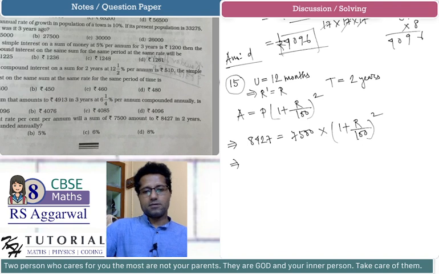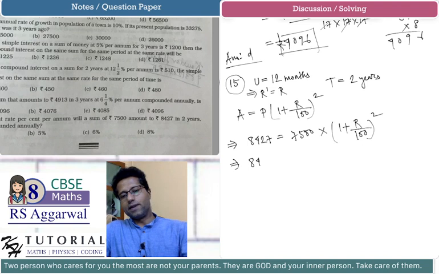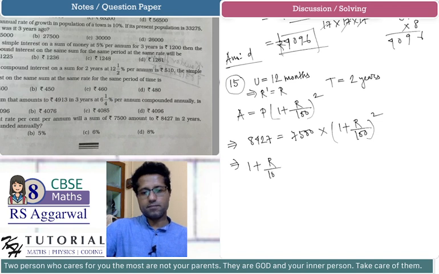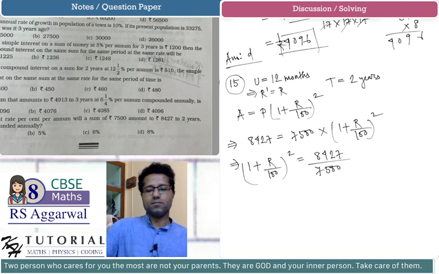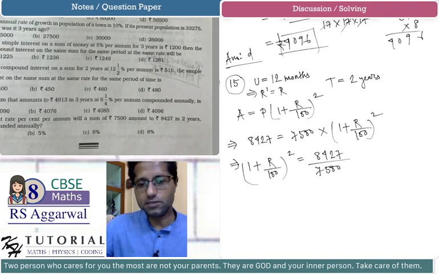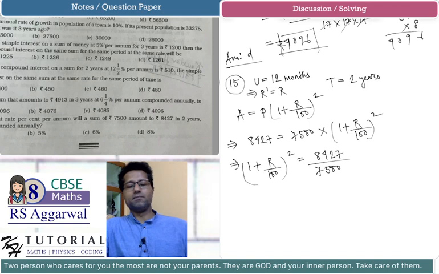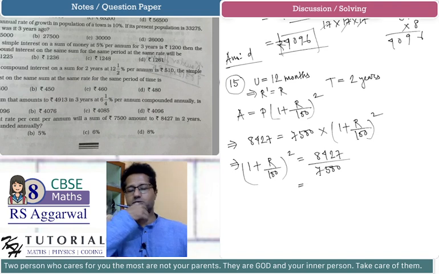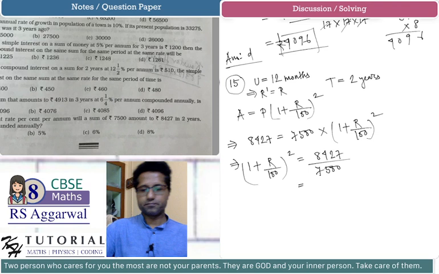Now we have to find the value of R. So 1 plus R by 100 whole square will be equal to 8427 divided by 7500. Now since the left hand side is a square, an exponential term with the power 2, we have to express the right hand side also as an exponential form with the power 2.